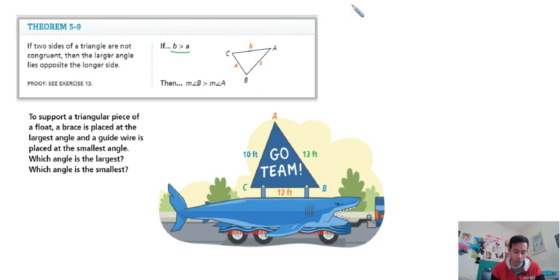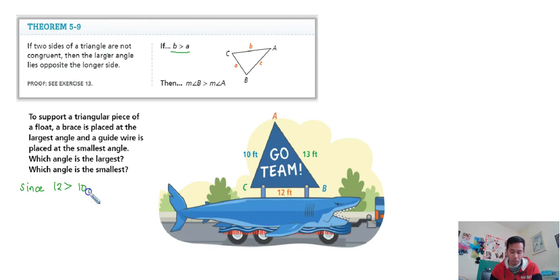How can you use the relationship between pairs of numbers to order all of them? Since 12 is greater than 10, 12, which is CB, is greater than 10, CA.